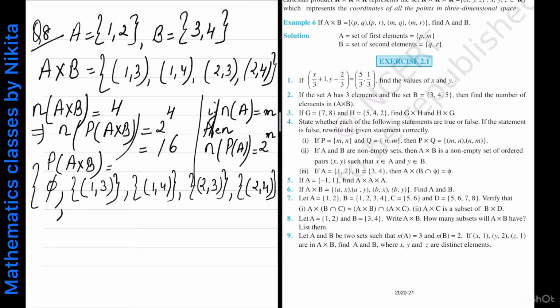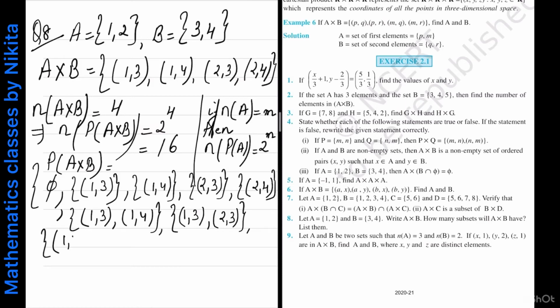Okay, now next we will write all the subsets of A cross B which contain exactly 2 elements. So the first one will be {(1,3), (1,4)}. Next you will have (1,3) and (2,3). Next you will have (1,3) and (2,4). Next will be (1,4) and (2,3).